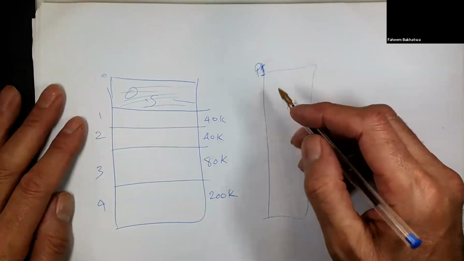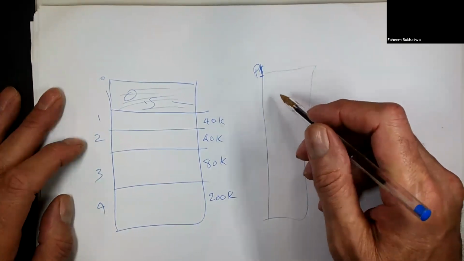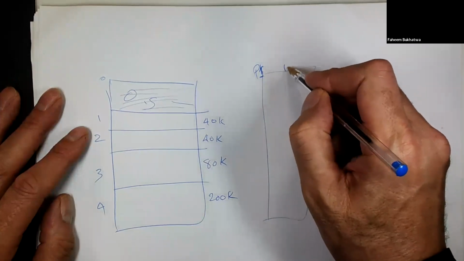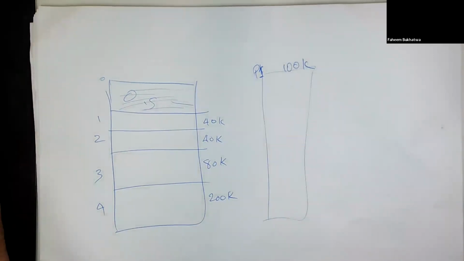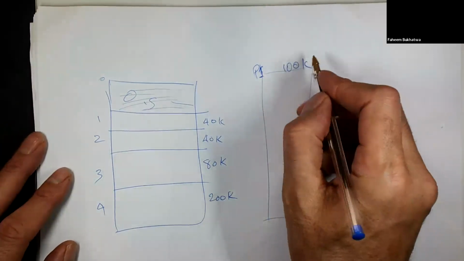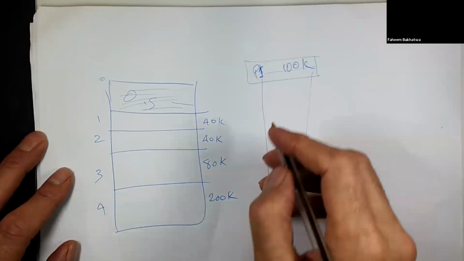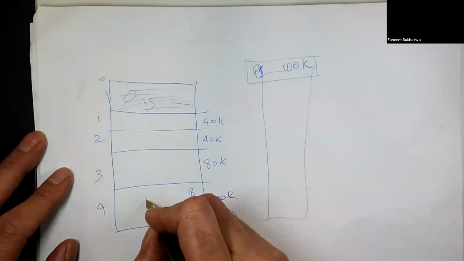Program number 1 comes in, and it needs 100 kilobytes. Which block shall we put this program in, which block will it be allocated in? Block 4. So block 4 is busy with program number 1.